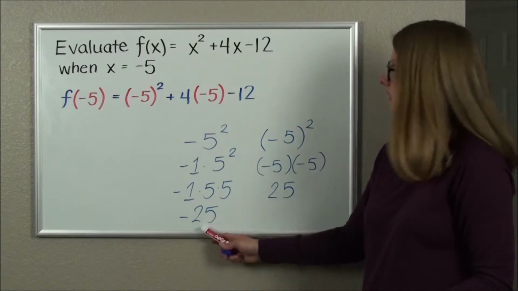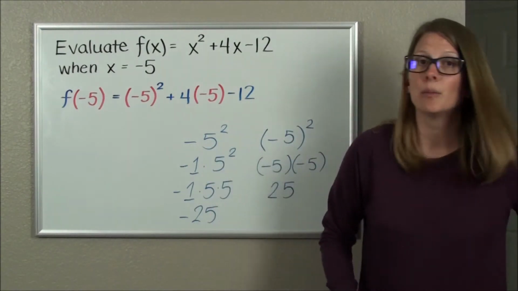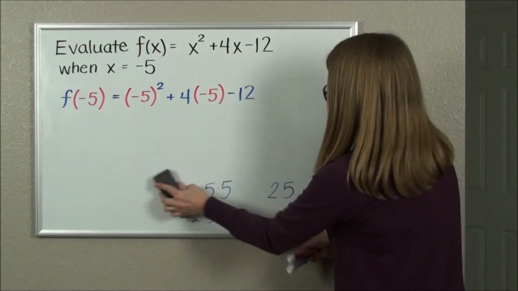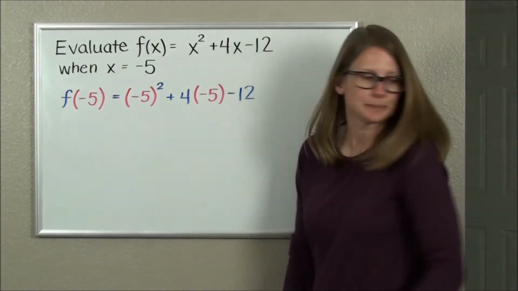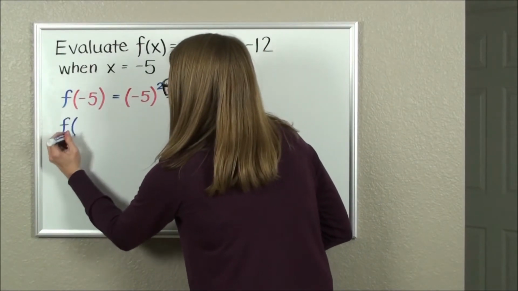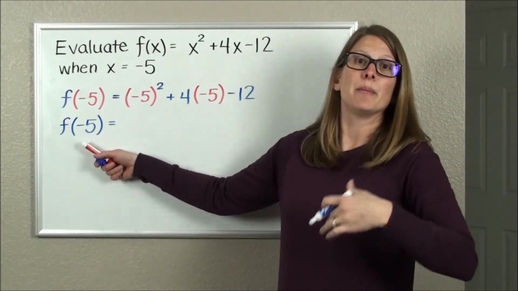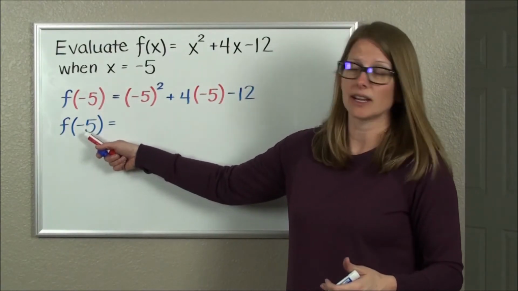These are different answers depending on whether I have parentheses or not. So the parentheses are very important. Please try to remember anytime you plug something in, put parentheses around it. So again, this is not f times negative 5, this is f of negative 5. It's going to tell us the y value that pairs up with an x value of negative 5.